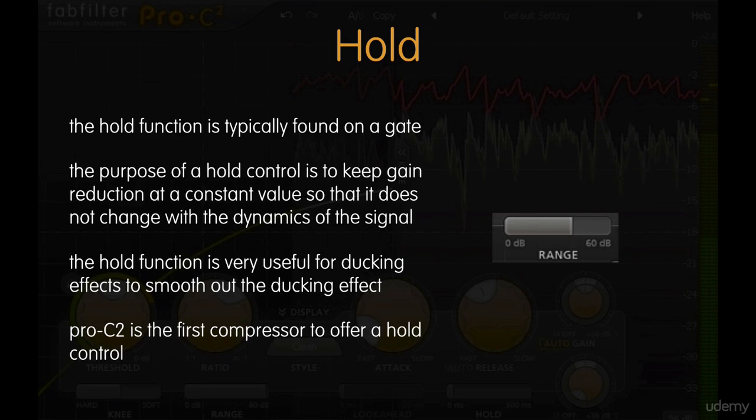But what you don't want is, when the person's talking, for the music to rise up in between every syllable. It gets annoying. So when you lengthen the hold, it overrides the release time and keeps the gain reduction steady so that you can talk over the music, even take a little pause to breathe, and the music's not rising up in those pauses. But then when you're really finished talking, the music ramps up, right? So hold is very, very useful, especially for ducking stuff.